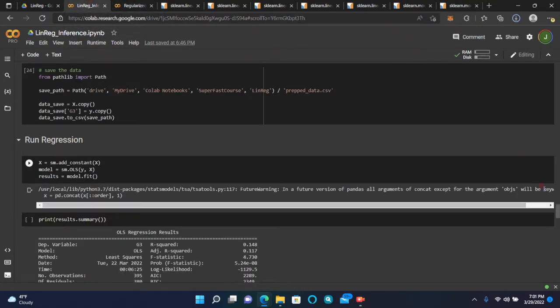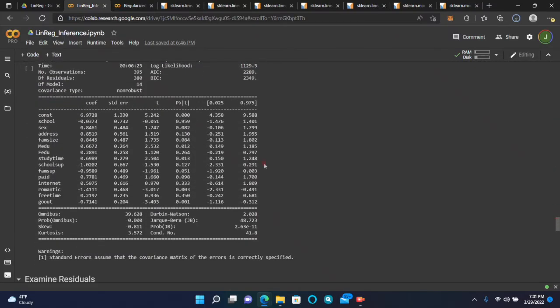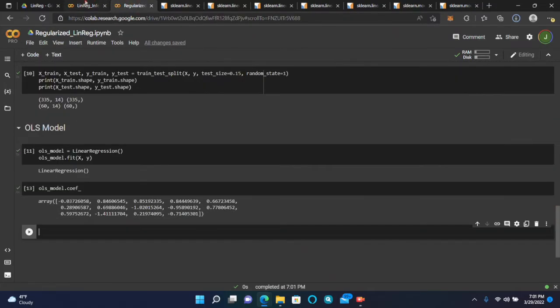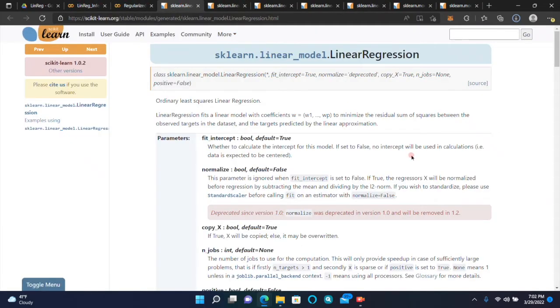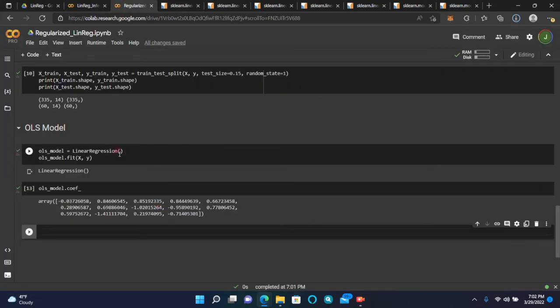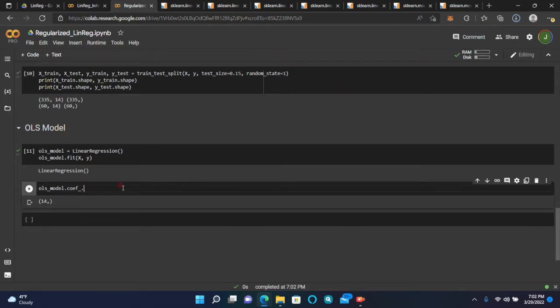Now, are those the same as the statsmodels coefficients? Let's go have a look. I'm getting 6.97. Doesn't exist. Oh, we need to add fit intercept equals true. If you look over here, fit intercept. Bam. How about we just see how many coefficients it made? It made 14.